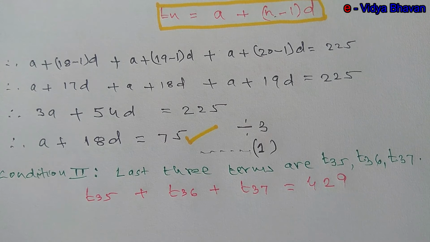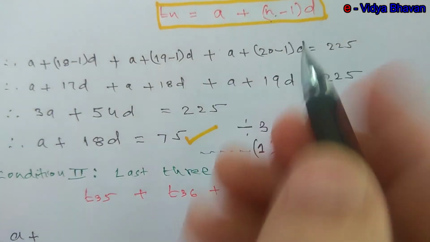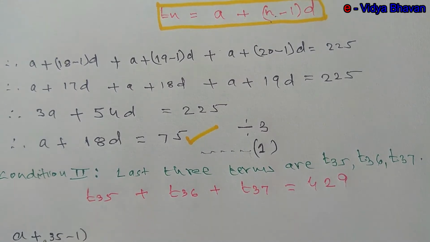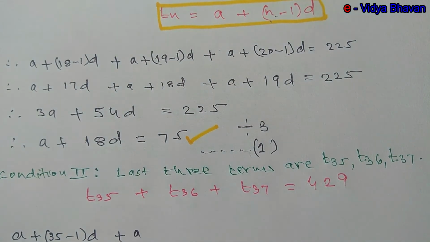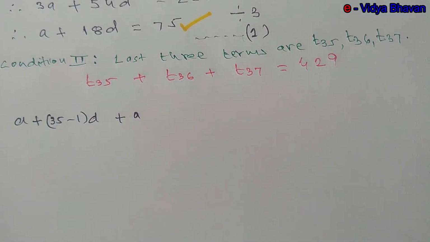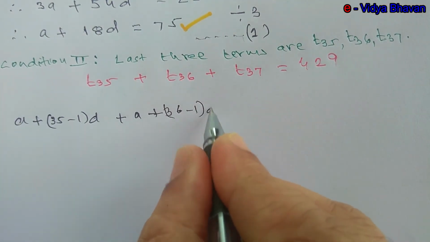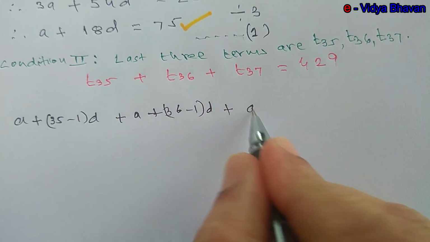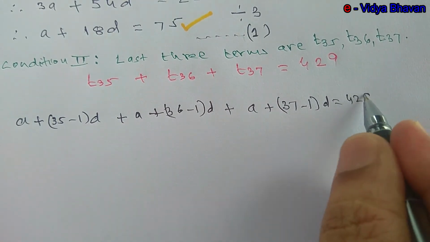Here also we'll use the same formula, Tn equal to a plus (n minus 1)d. So we are not going to write the formula again and again. Directly I am substituting the values: n equal to 35 gives a plus (35 minus 1)d, 36 gives a plus (36 minus 1)d, plus 37 gives a plus (37 minus 1)d, equal to 429.